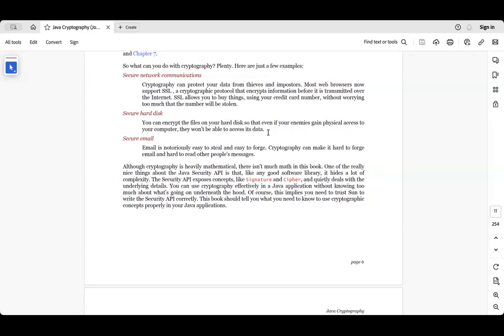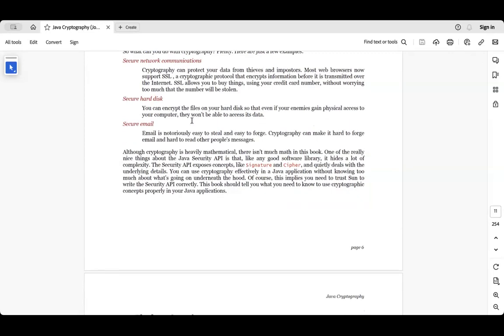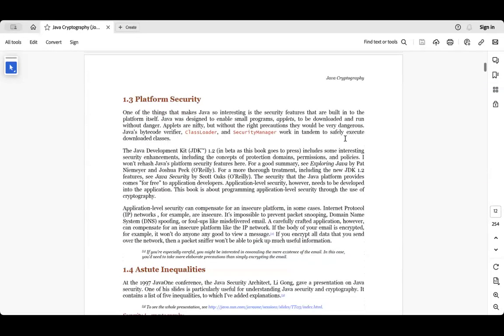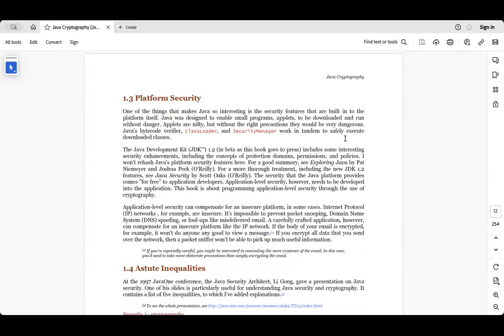But also in the slide, I mentioned you can use cryptography to secure emails. As I mentioned, email is notoriously easy to steal and easy to forge. So cryptography can make it hard to forge email and hard to read other people's messages. So if you go through the book, you can digest most of the concepts that we have covered in the slides.